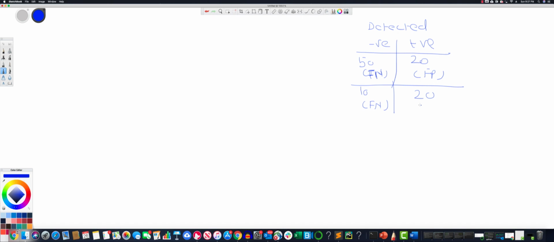Okay, so I am drawing that matrix again just for reference. Here is detected: negative, positive. 50, these are TN, 20, these are FP, these are 10, these are FN, and these are 20, these are TP.